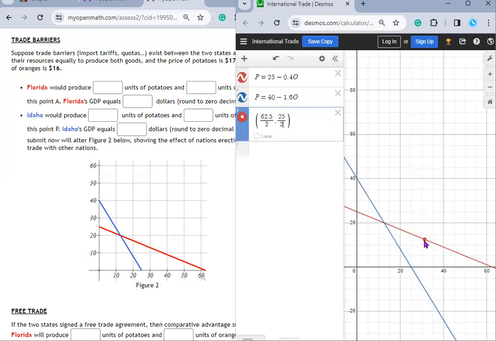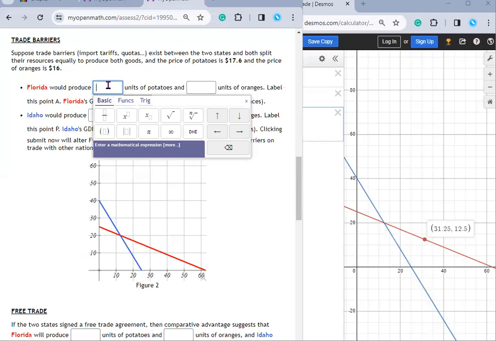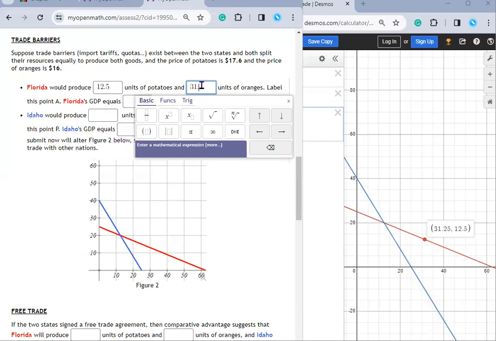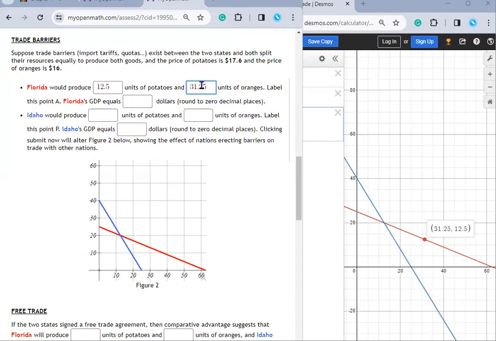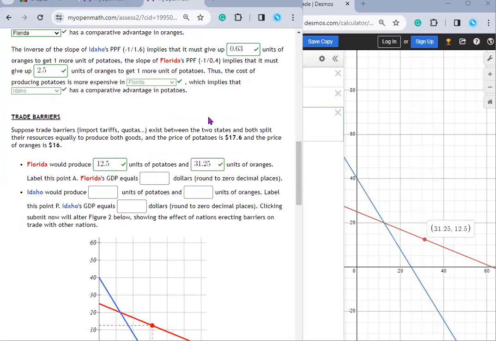Now, notice the point, this red point, is on Florida's PPF, right? So if Florida, because of trade barriers, dictates that half the resources in the state are used for oranges and half the resources are used to produce potatoes, then it's going to end up producing 12.5 units of potatoes and 31.25 units of oranges. Okay.